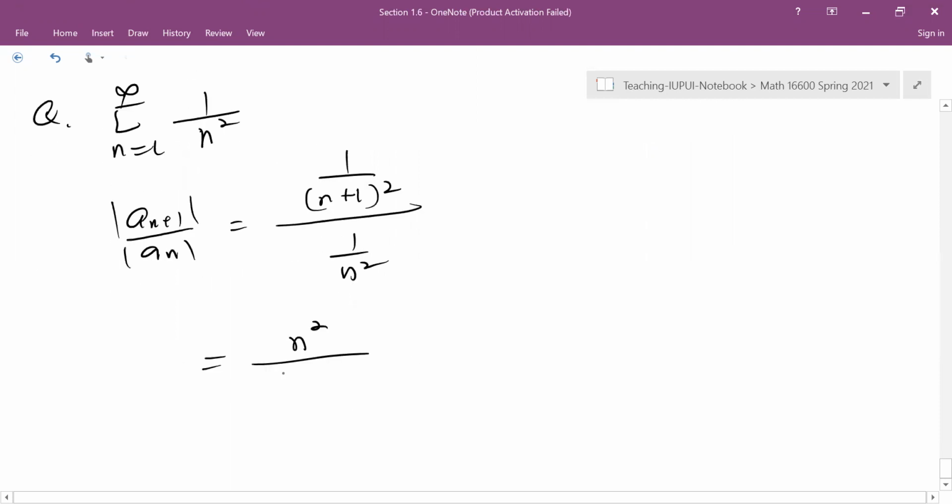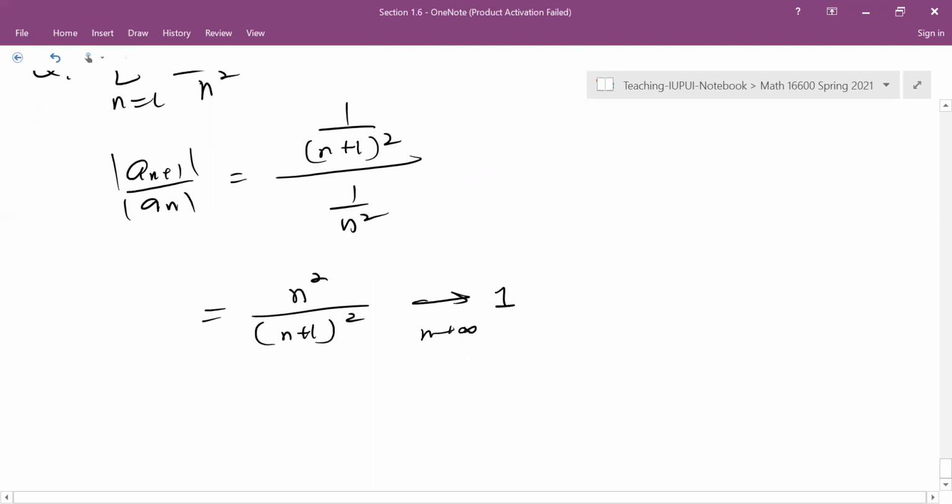So you get this. Now, what is the limit? The limit is going to be 1. It's not going to be 1 over e. It's 1. So inconclusive by the ratio test.